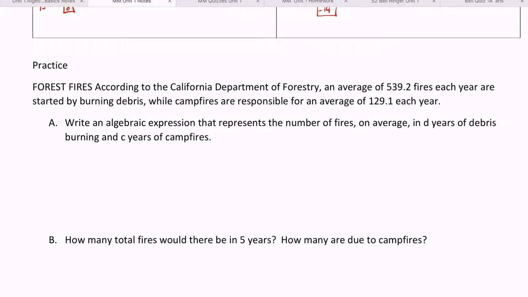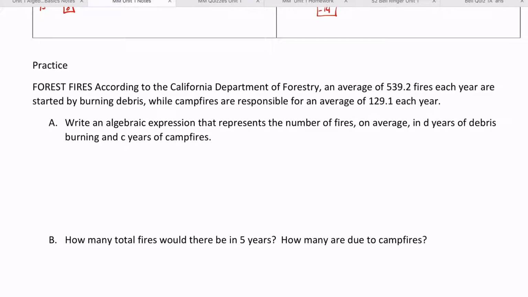Practice. Okay, forest fires, according to the California Department of Forestry, an average of 539.2 fires each year are started by burning debris, while campfires are responsible for an average of 129.1 each year.